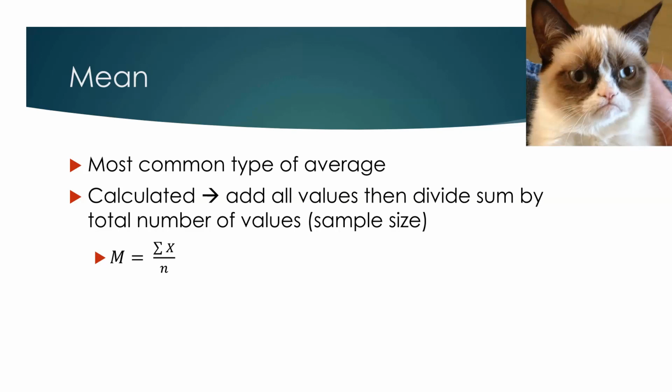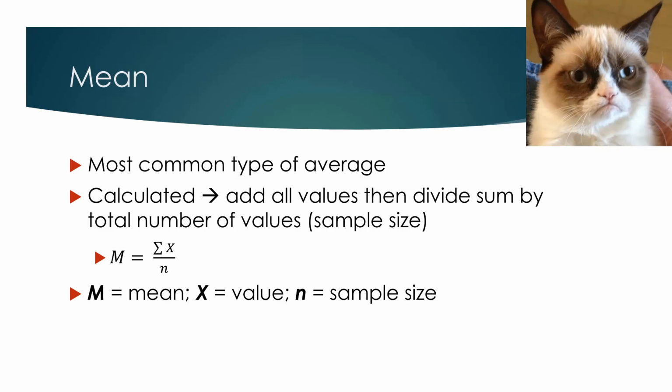So it means sum all of x. X is the variable, so all of the numbers in your x, sum all those together. And then you divide by n. N is the sample size. So you calculate the mean by summing all the values of x, whatever x is, divided by how many values there are, meaning what is n? N is the number of numbers that you're working with.